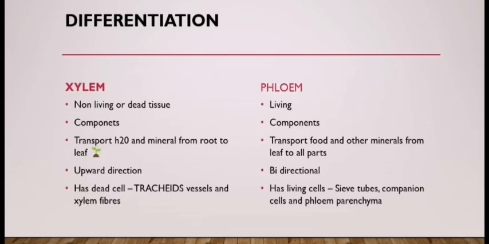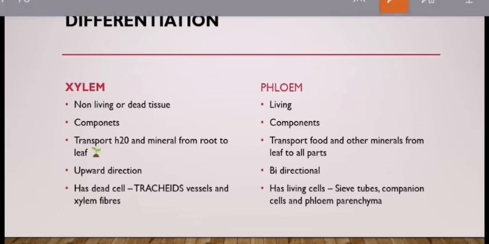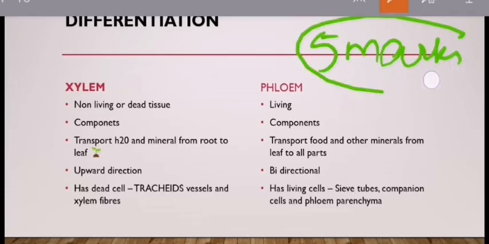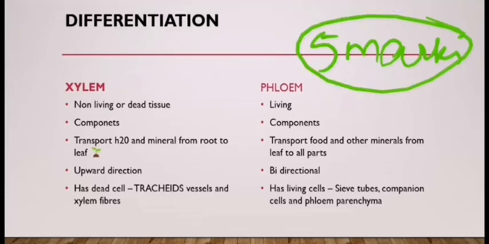Phloem has only one dead cell, that is phloem fibers or phloem sclerenchyma. This is mostly asked for 5 marks in your exams, so that way you can figure out which points you have to write.